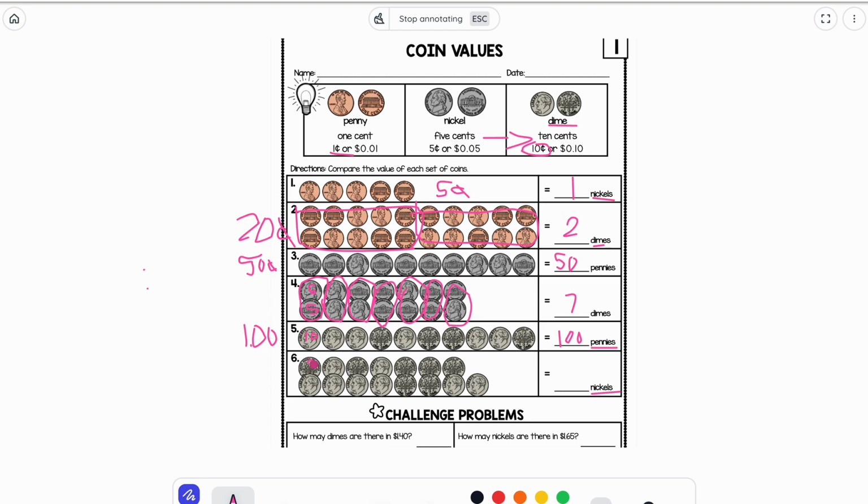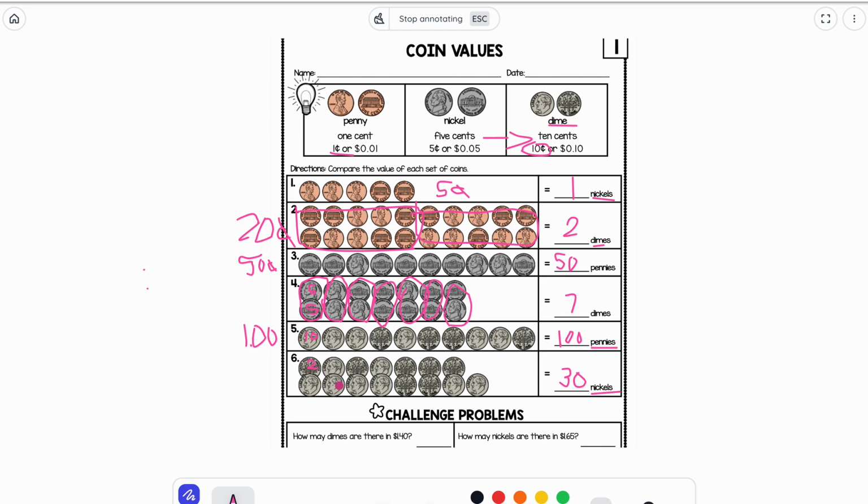So this dime is equal to 2 nickels because a nickel is worth 5, a dime is worth 10. That's half of 10. So I'm going to count by 2s because I'm big brain. 2, 4, 6, 8, 10, 12, 14, 16, 18, 20, 22, 24, 26, 28, 30. 30 nickels.